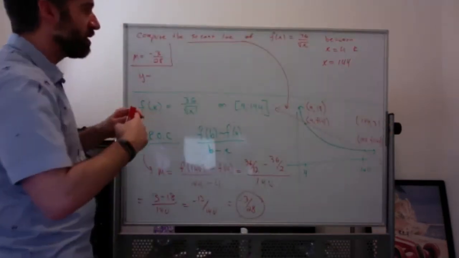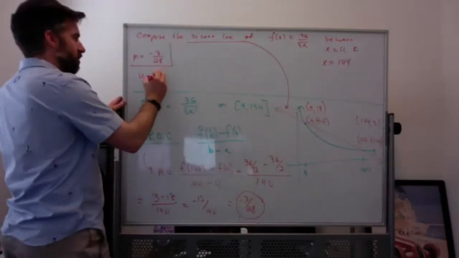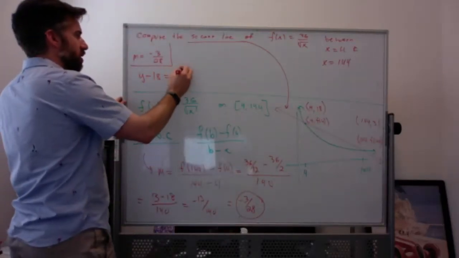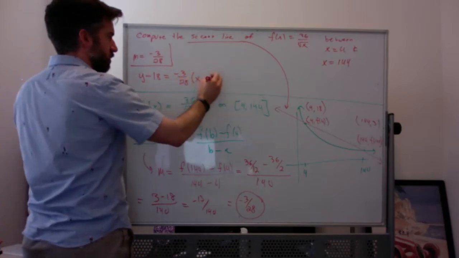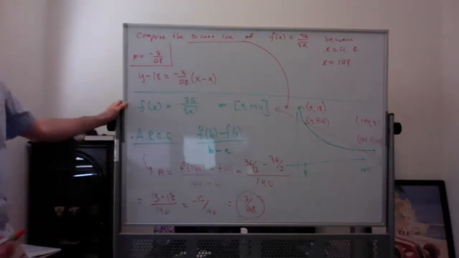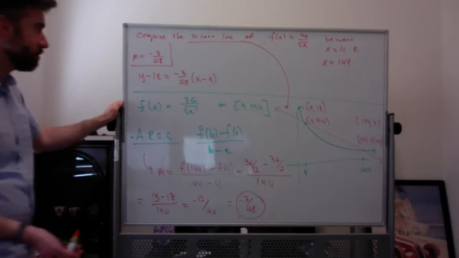So use either one of these points. I'm going to use this one and say y minus the y value equals your slope times x minus the x value. And I personally like to just leave it like that. But if you don't like that, that's fine.